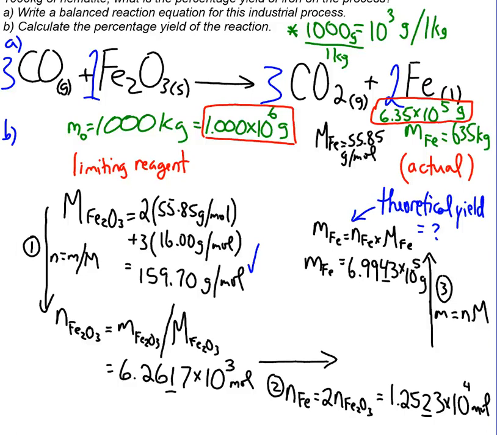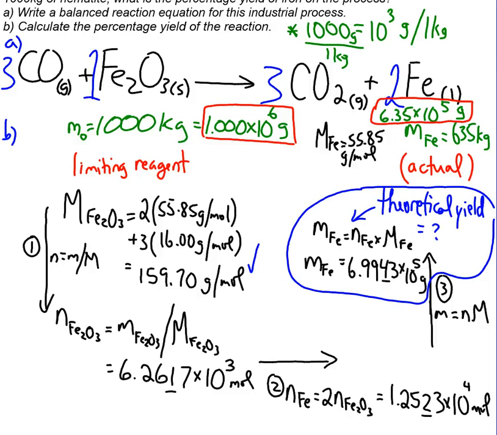This is the theoretical yield calculation, based on 100% conversion of every single kilogram of that hematite ore. The most we could have produced is the theoretical yield. So I hope I've made it clear at this point that theoretical yield is also maximum yield. That's really important: maximum yield.